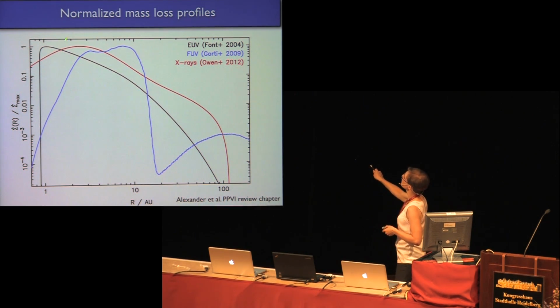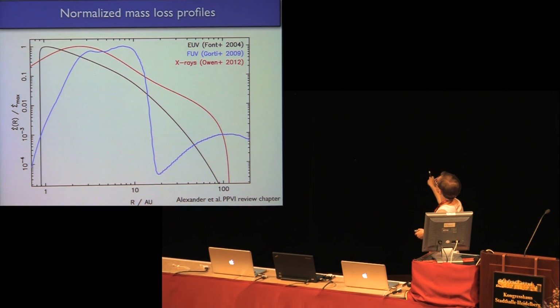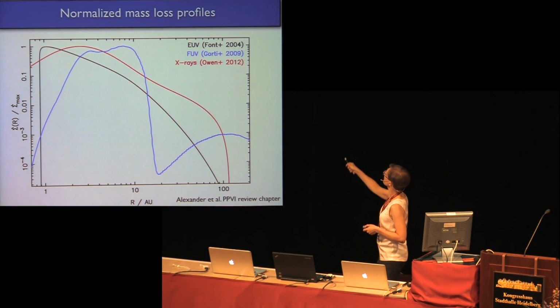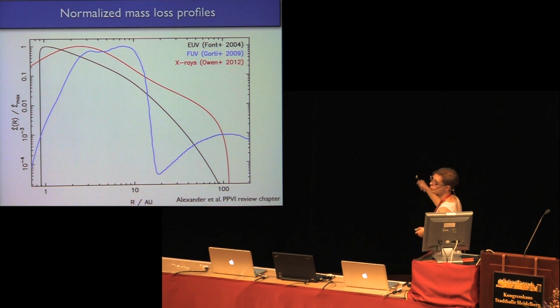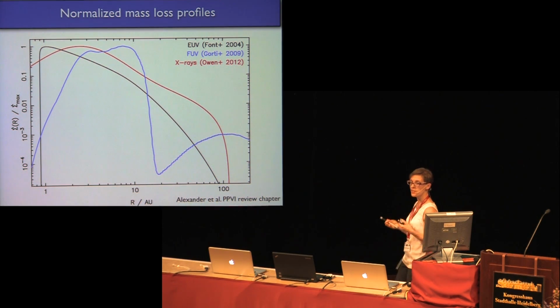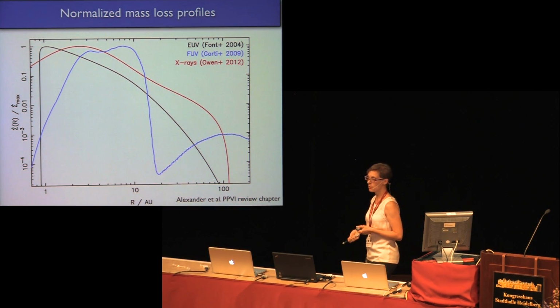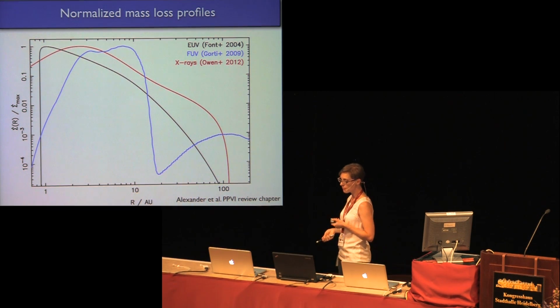And you see that the mass loss is further out, and the peak is also broader. And then in the case of FUV, you see that there are actually 2 broad regions where mass is lost, one peaking around 5 astronomical units and one much further out. So this is a basic difference between these models.